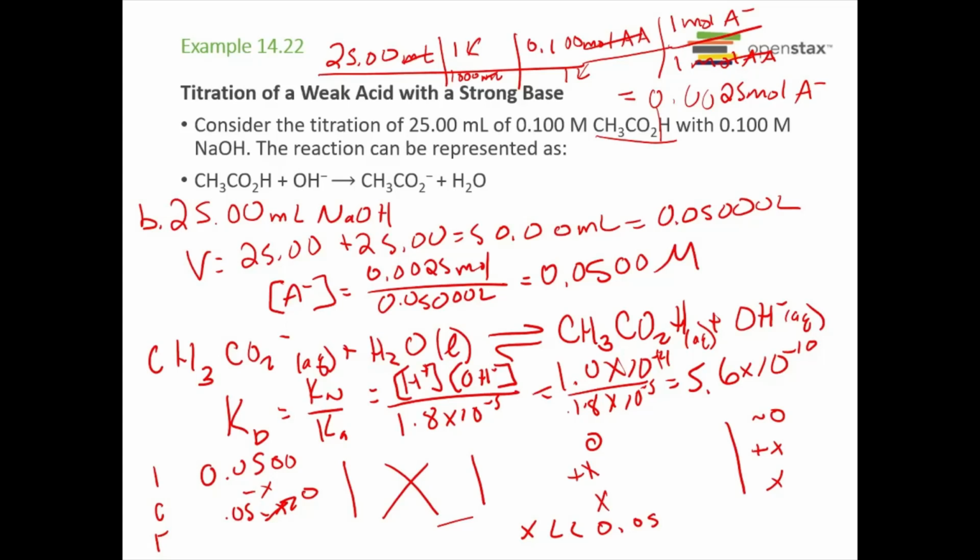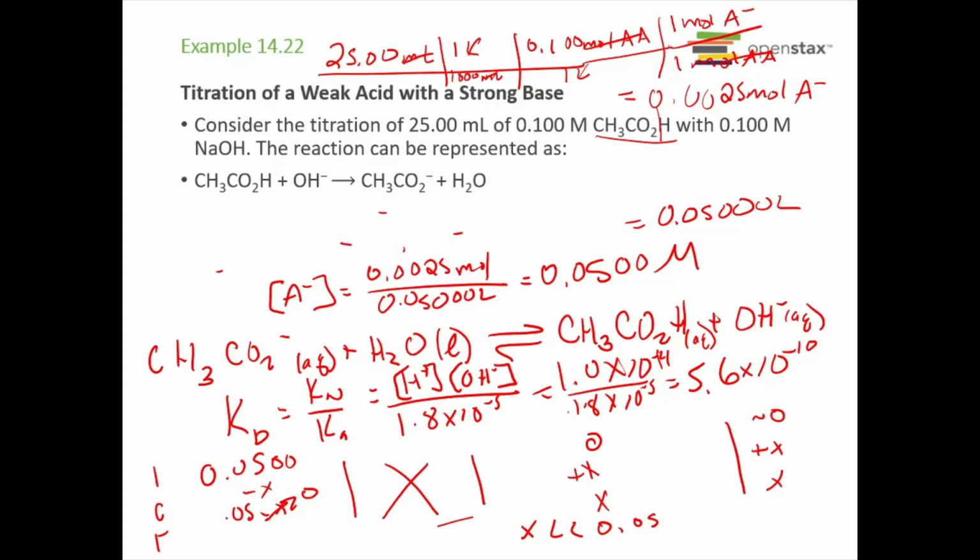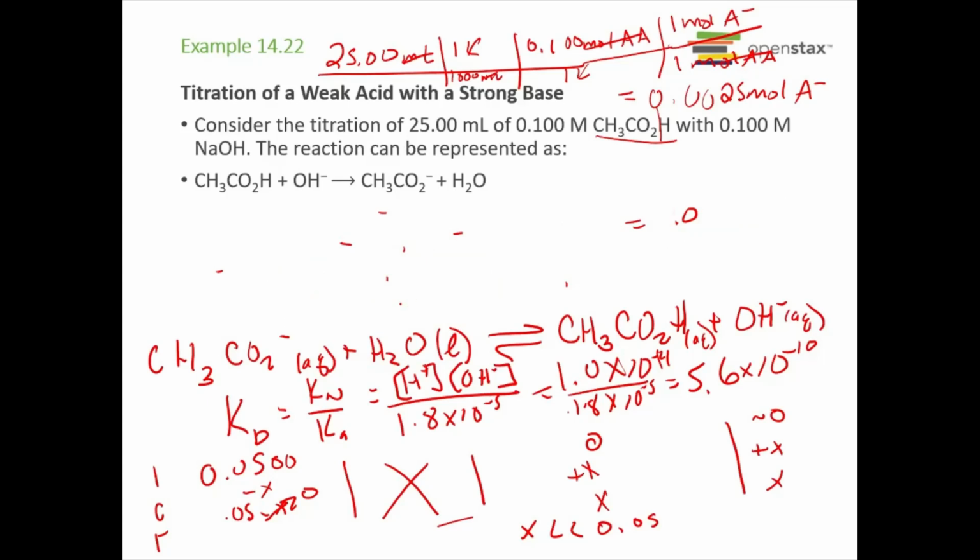So now I'm going to go ahead and erase this top stuff because I need more space. Okay, so now our Kb is equal to X times X over 0.05.